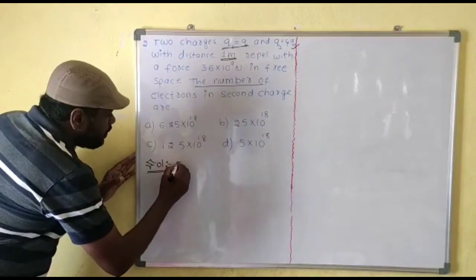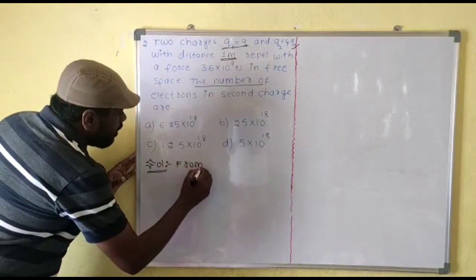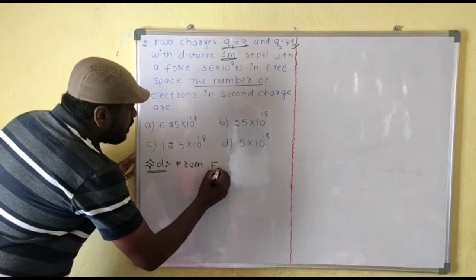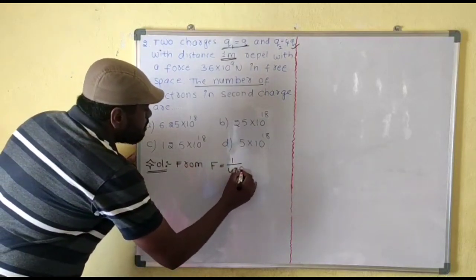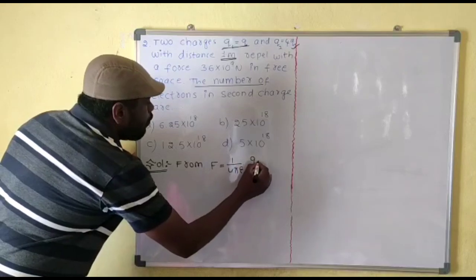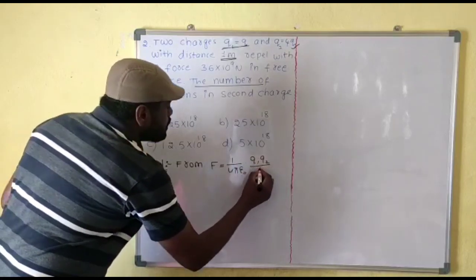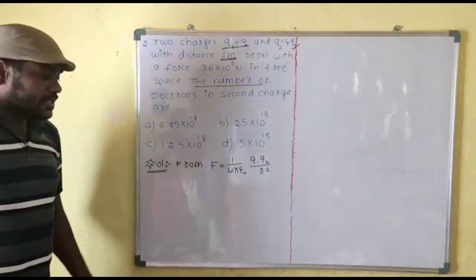Therefore, from the formula, which formula? From Coulomb's law, F is equal to 1 by 4 pi epsilon naught Q1 Q2 by R square. This is the formula, we know that. Substitute the values.